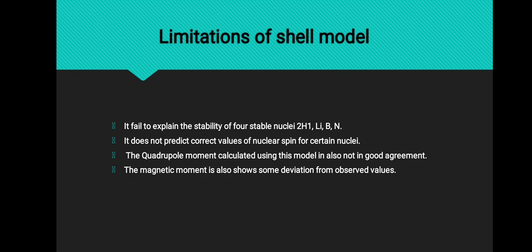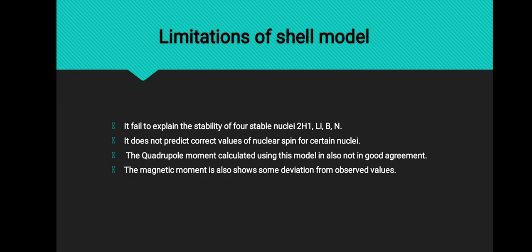Also, the nuclear spin value given by the shell model is not perfectly correct. The quadrupole moment calculated using this model is also not in good agreement. Means we can get the quadrupole moment by this method, but we cannot say that the answer will be a sure quadrupole moment.